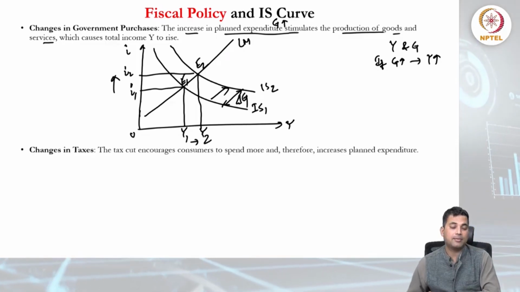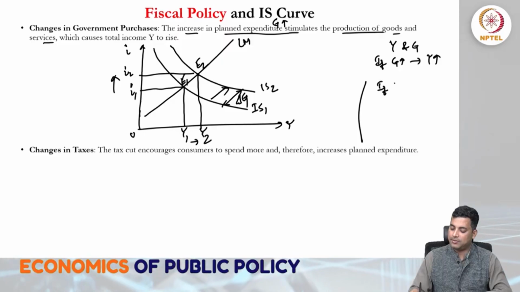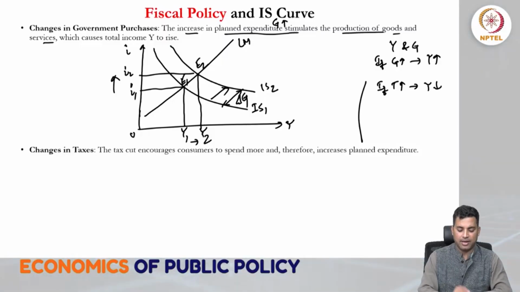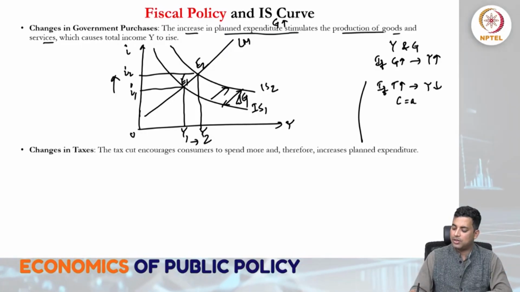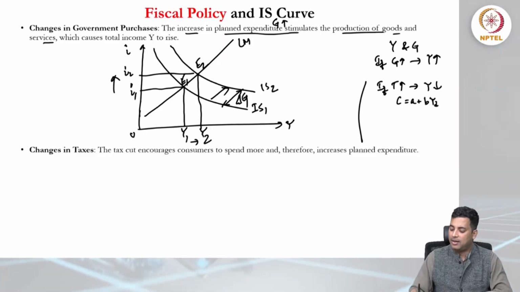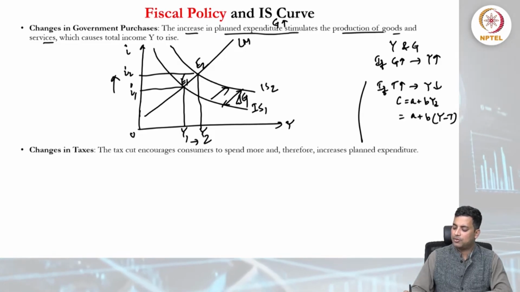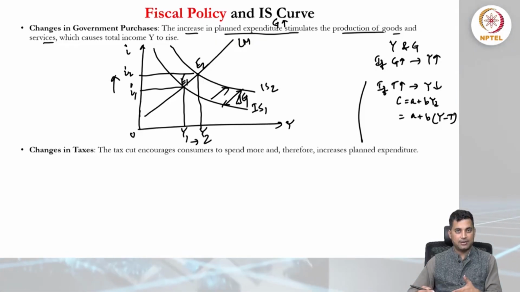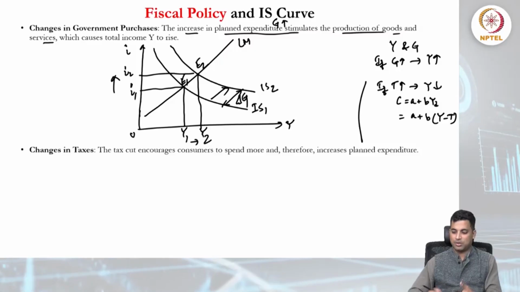Now in the case of taxation, similarly, if tax increases, then output will be reduced. Why? Because the consumption function, as you know, is A plus B YD, and YD is nothing but Y minus T. Consumption and output are positively related: if output increases, consumption will also increase.